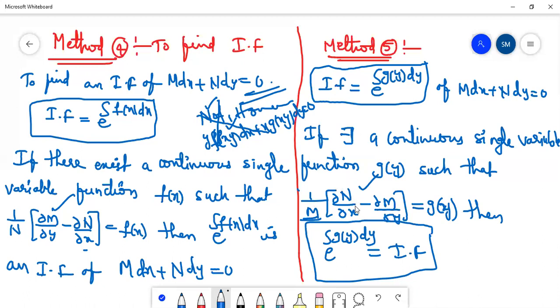In the difference dou N by dou x minus dou M by dou y, we get a negative function. But the function after the subtraction is the same.